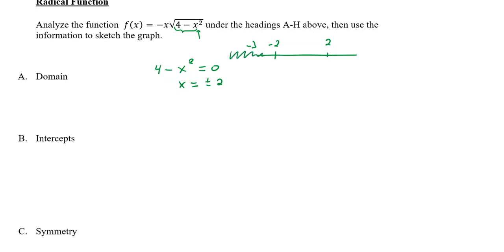And in between, let's say a number like 0: if you threw 0 in here, that'd be 4 minus 0, which is fine. And if you go above, if I threw in 3, again none of this exists. So I'm restricted between negative 2 and 2, right? So that's my domain. Our domain here would be from negative 2 to 2.